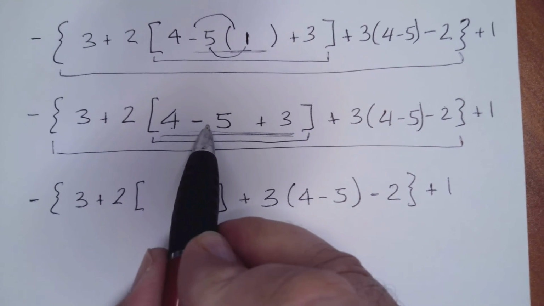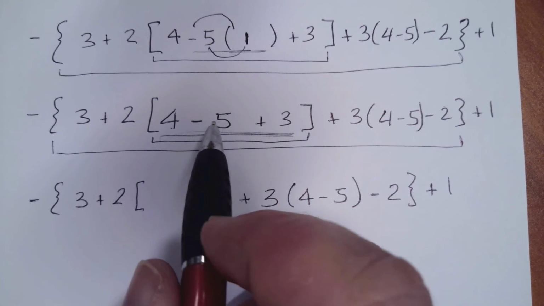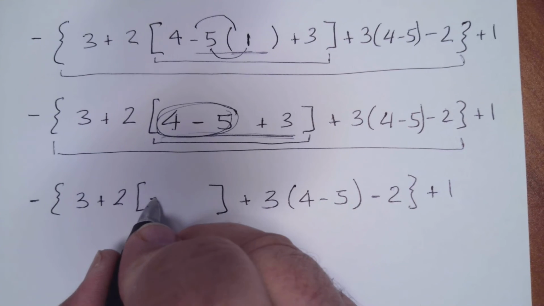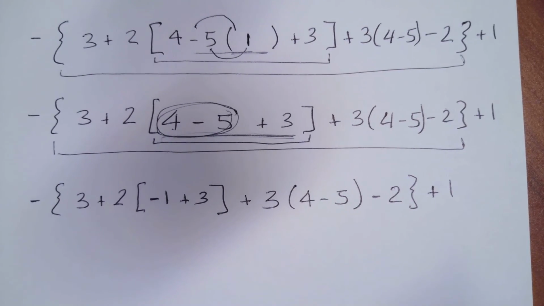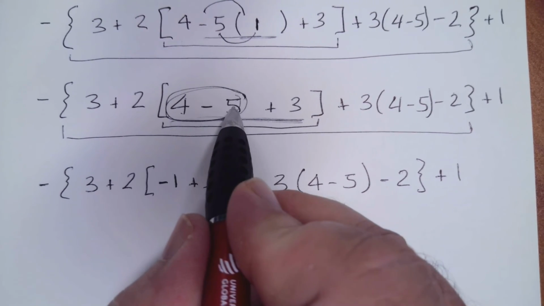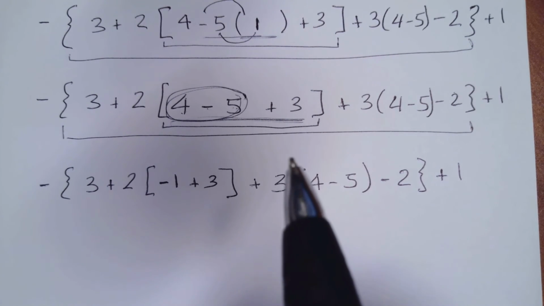So 4 minus 5 is what? This is -1. Because they're different signs, 5 is bigger, it has negative. 5 minus 4 is 1. If they have different signs, you have to take the sign of the larger number.